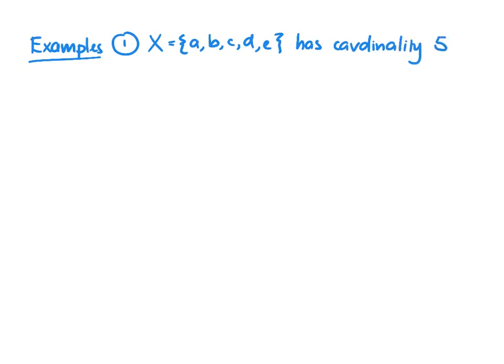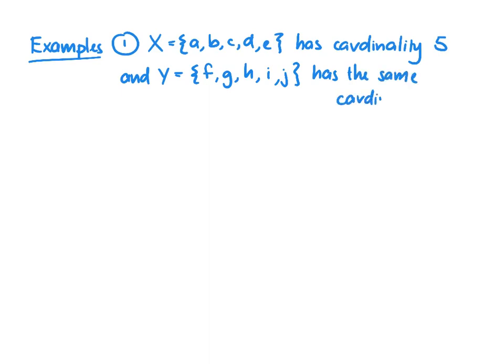And this set, Y, containing F, G, H, I, and J, has the same cardinality. There are certainly many bijections between these two sets. Here's one: just send A to F, B to G, C to H, D to I, E to J. There's a bijection between the two sets.